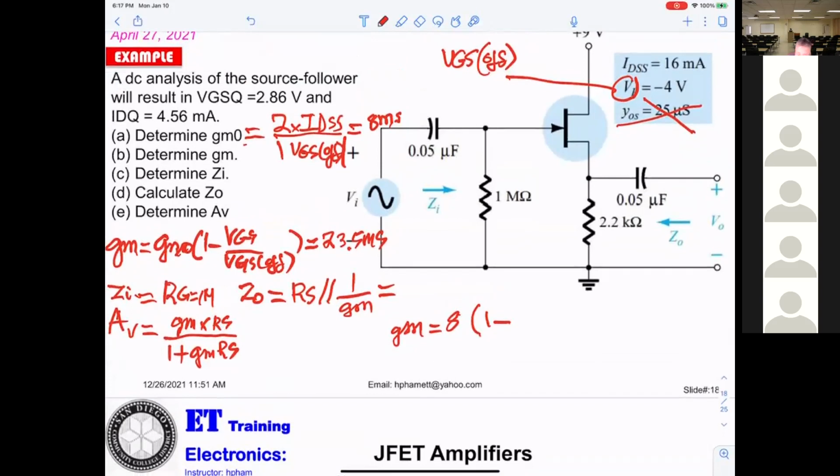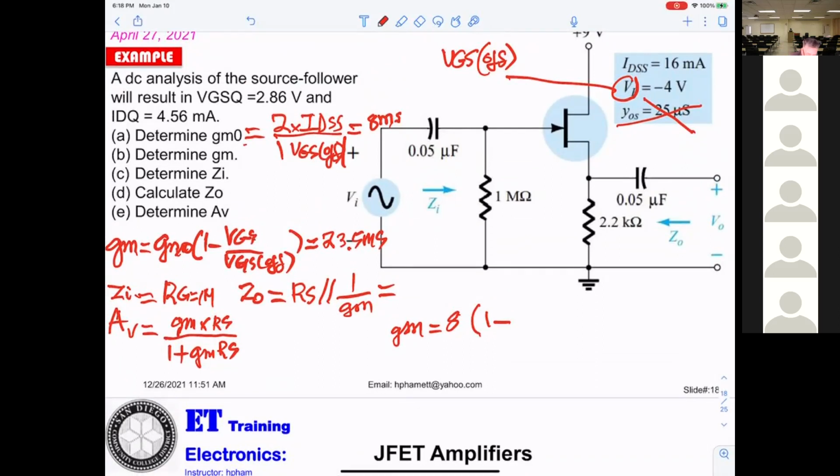It says a DC analysis of the source follower will result in a VGSQ equal 2.86 volts. Okay, then now VGS off is negative 4 volts.